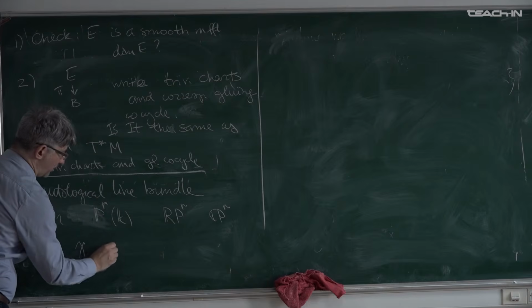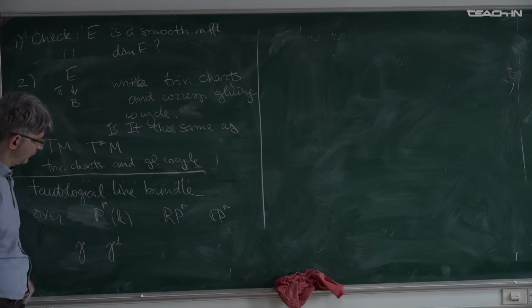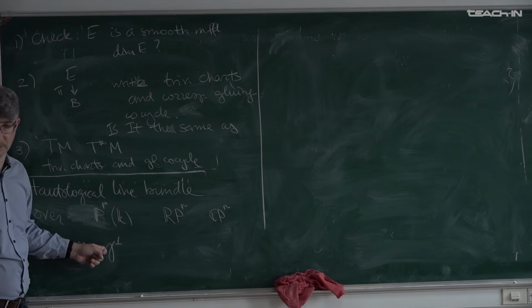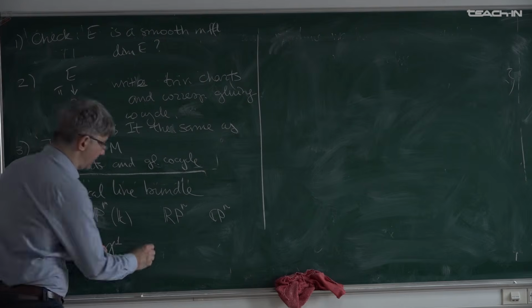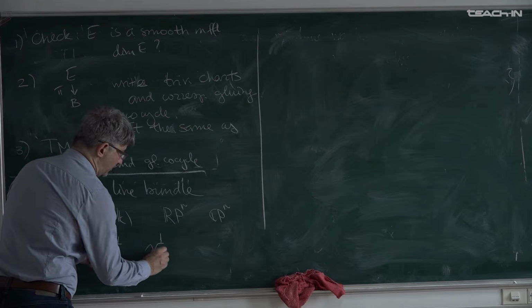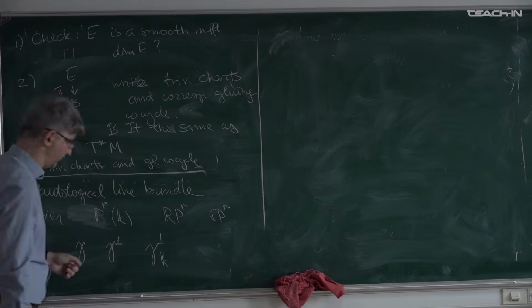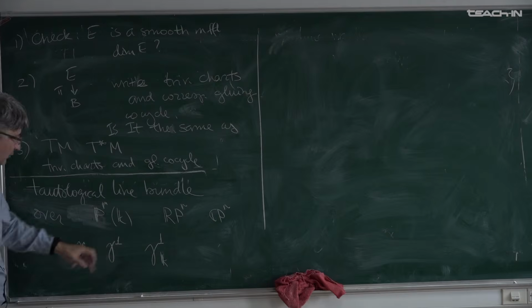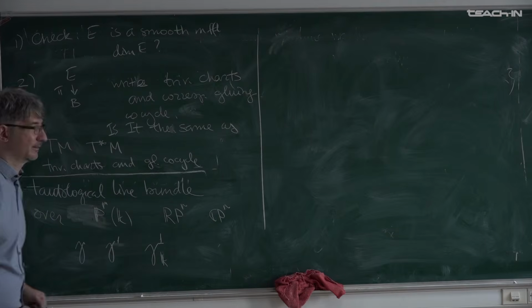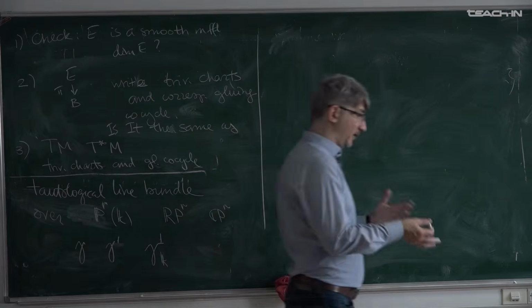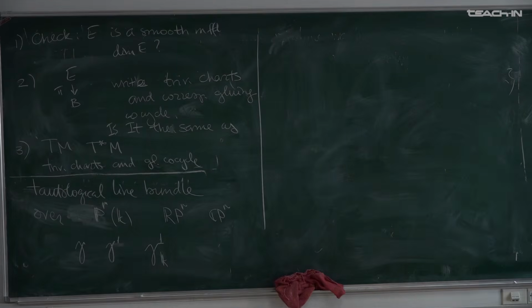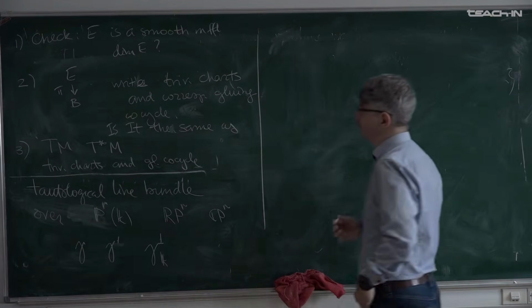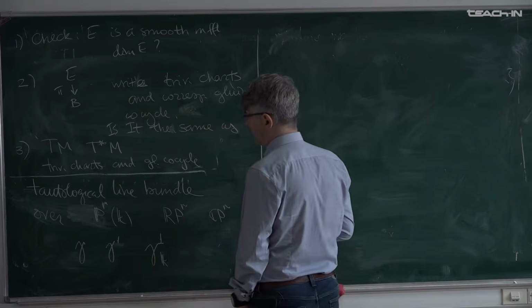Sometimes people write gamma 1 to indicate that it is one-dimensional, so a line bundle, or gamma 1 over field K. I will write just gamma, maybe gamma 1. From time to time I will write this one or that one. So let me describe this line bundle.